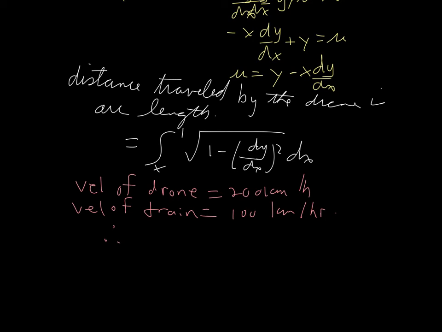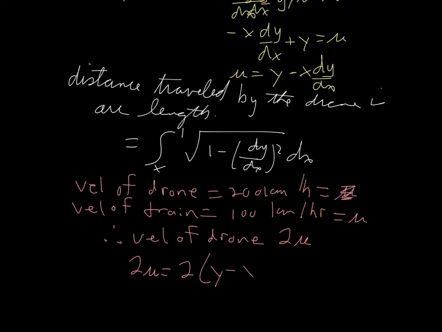So the velocity of the drone, we called this u, didn't we? Because that's the point along the y-axis at any time t that the train is traveling. So if we say that the velocity of the drone is, I'm sorry, that was the train. If we say the velocity of the train at any time is u, then the velocity of the drone is 2 times that, because it's 200 instead of 100. And so we know then that 2u has to equal 2 times that equation that we found up at the top.